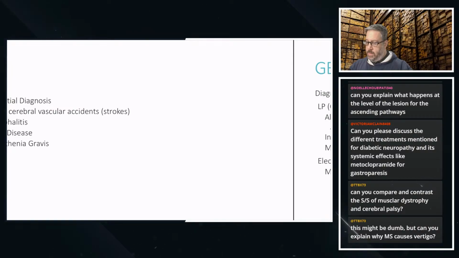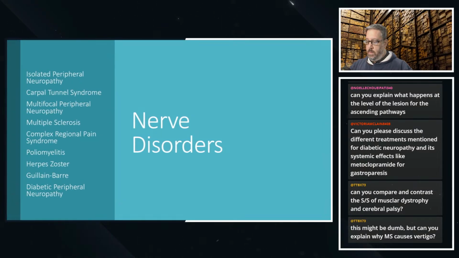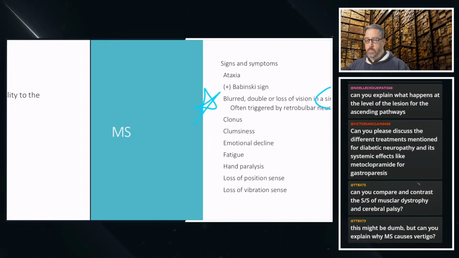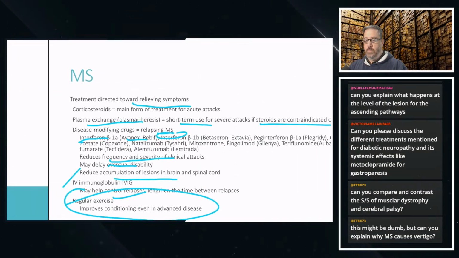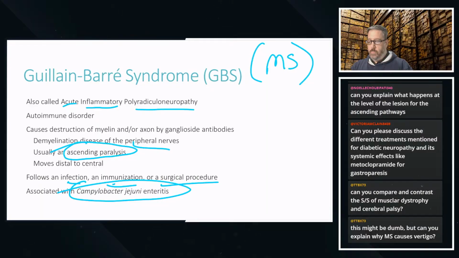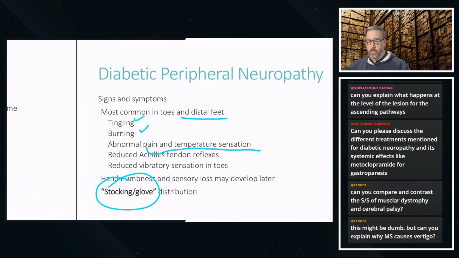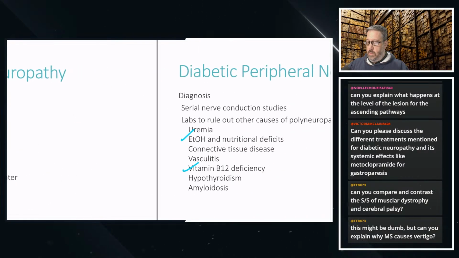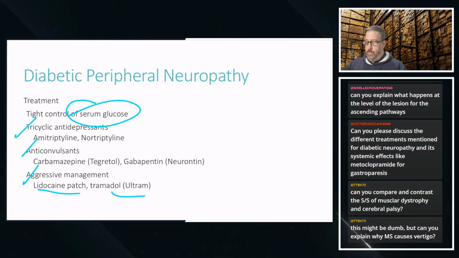This is MS. Okay. So the question is, the systemic effects we're talking about is just what happens when you have uncontrolled diabetes.